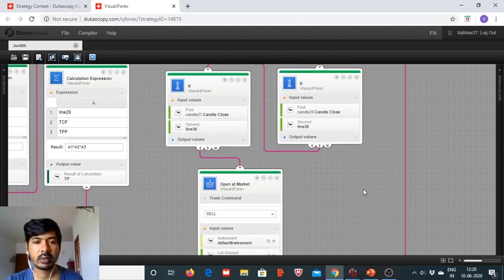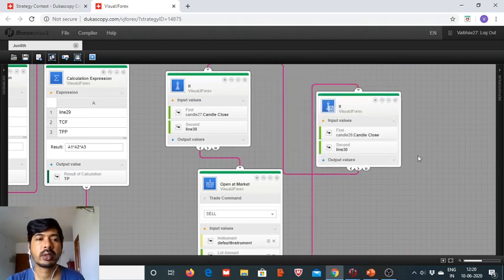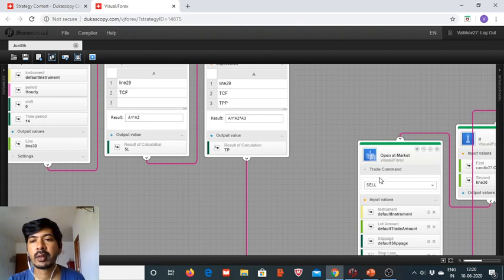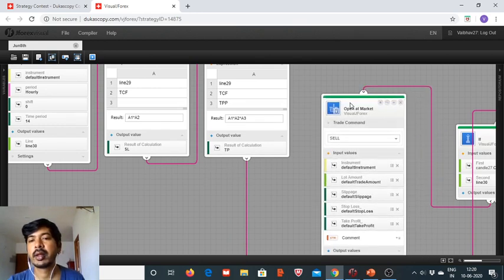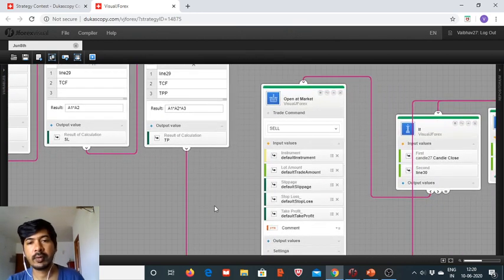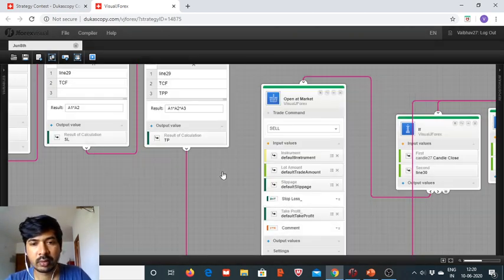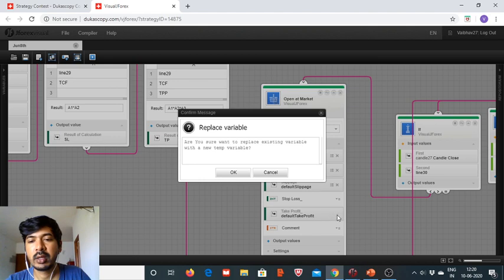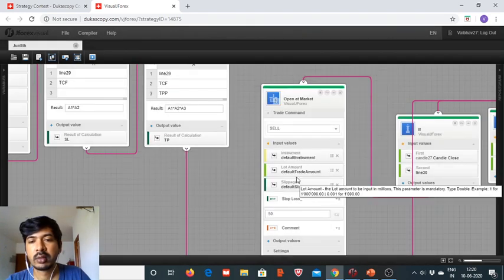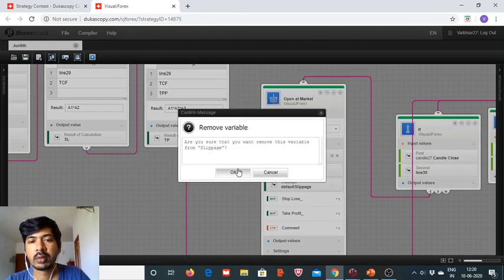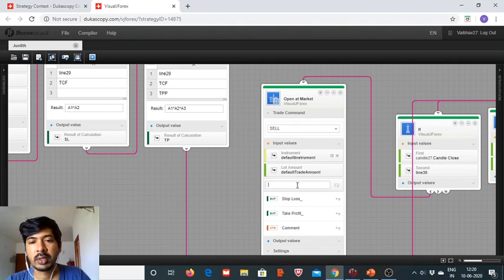Now is the time to add the stop loss and the target levels, for which the calculation has already been done. So we define these parameters. Slippage 2 pips, good enough.